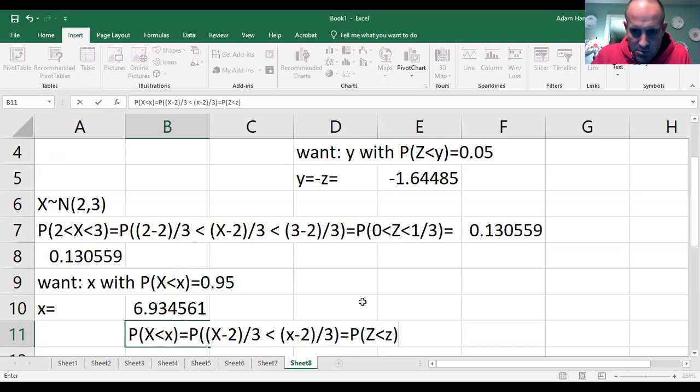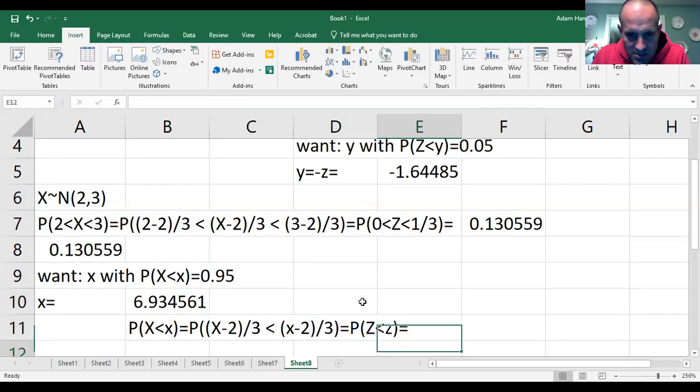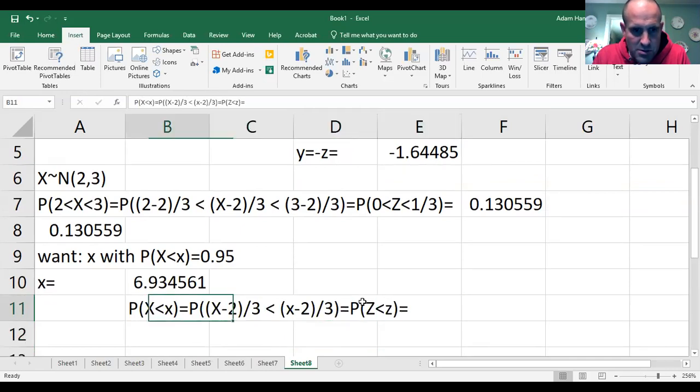And I could have computed things this way. So what is little z?